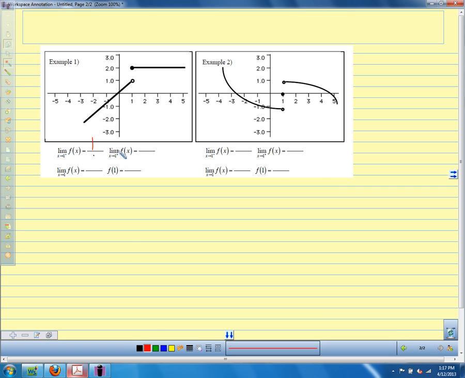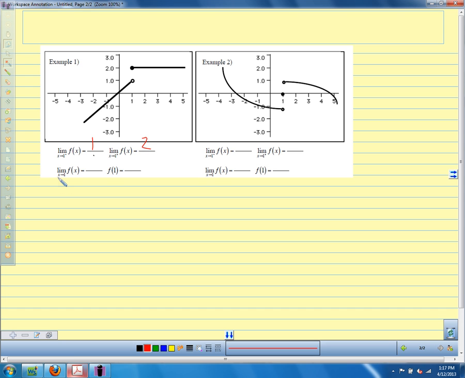The limit as x approaches 1 from the positive, or from the right. So now I'm over here, coming from the right. What is the function value? What is y close to as I'm coming in from the right? 2. If I'm going here, my function value is 2. So what is the limit as x approaches 1?